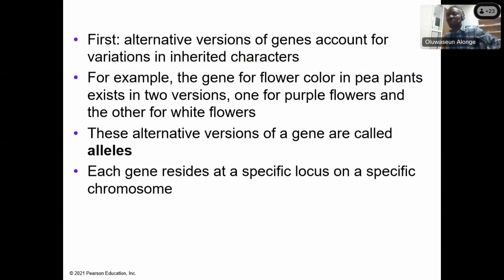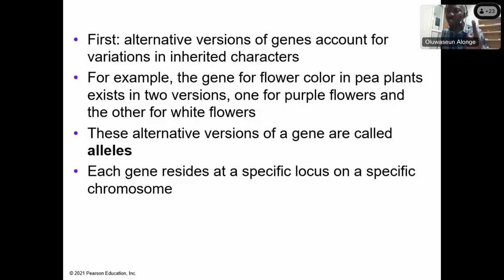And I told you that alleles have 2 versions, one from father, one from mother. So that was what he came up with. That means the fact that there's purple and there's white is what accounts for variation in inherited pattern. For example, a gene for flower color in pea plants exists in 2 versions, purple and white.